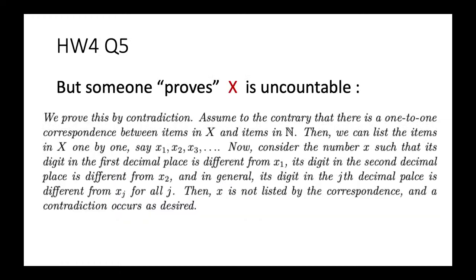However, someone tries to prove that X is uncountable. So we have a proof, and this proof looks like the diagonal proof that we explained in class for showing that the real number set is uncountable. I believe you have already gone through this when working on the exercises.